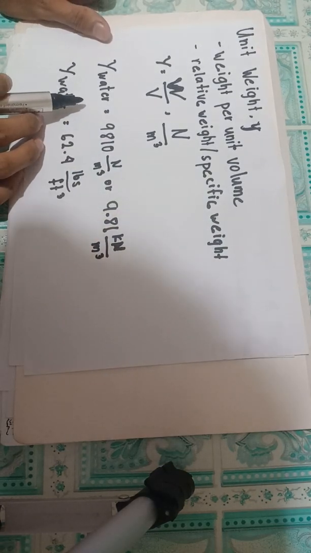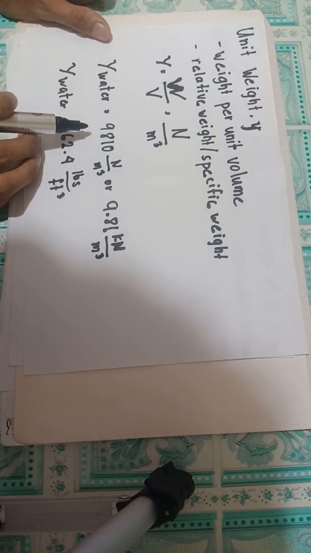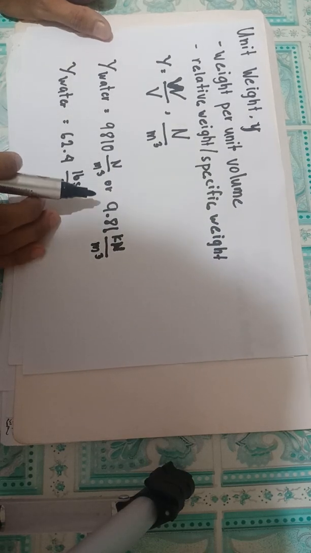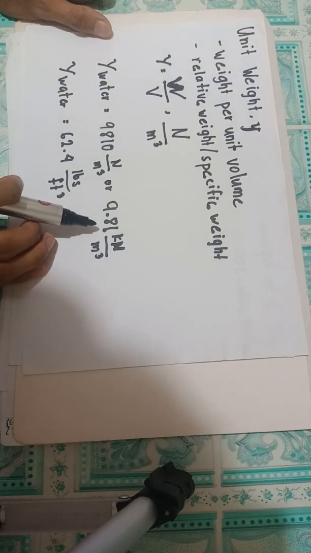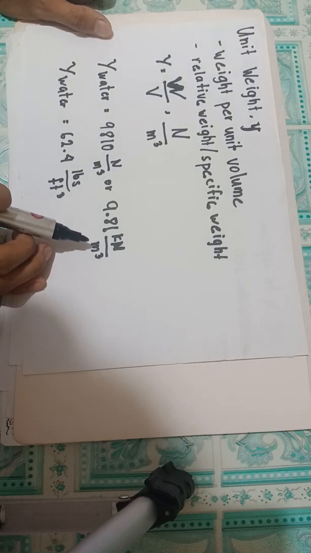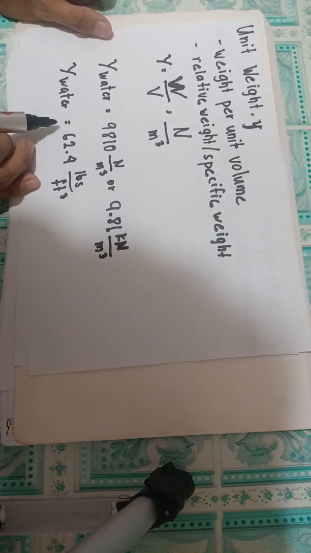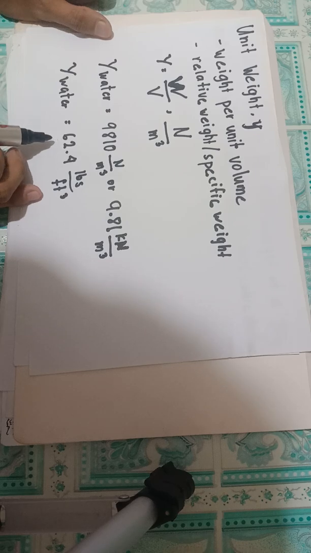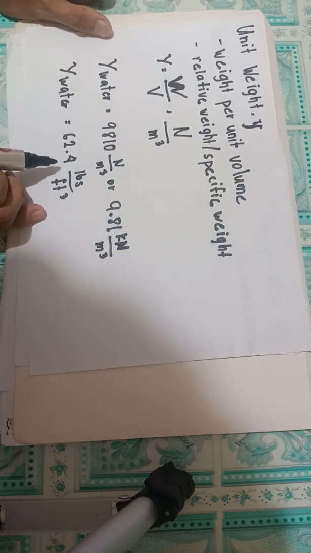And for water in SI, it is equal to 9,810 Newton per cubic meter, or 9.81 kilonewton per cubic meter. And for English, the unit weight of water is equal to 62.4 pounds per cubic feet.